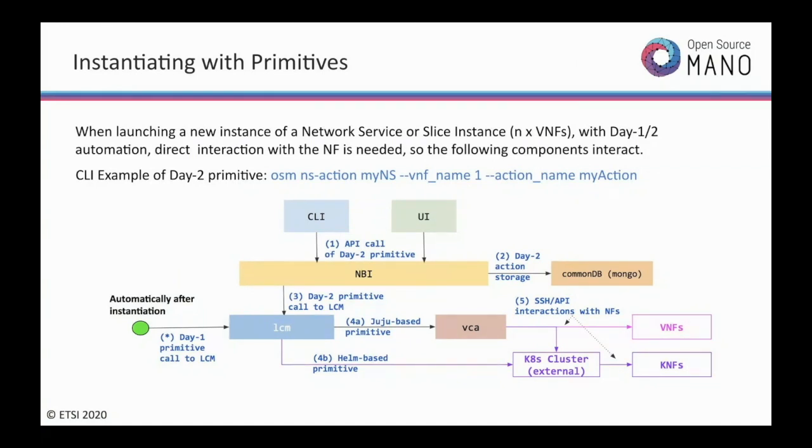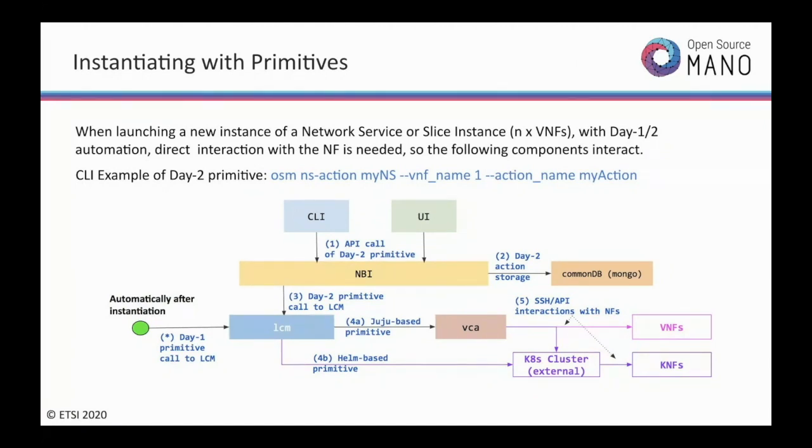So aligning to the NFV vision, we are not looking only to orchestrate instances and that's it. We want to orchestrate the instantiation of these functions, and then we want to configure them so that they are ready to provide the services that our operators need them to provide, right? So that's day 1.